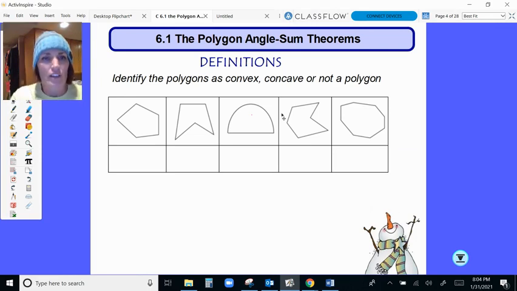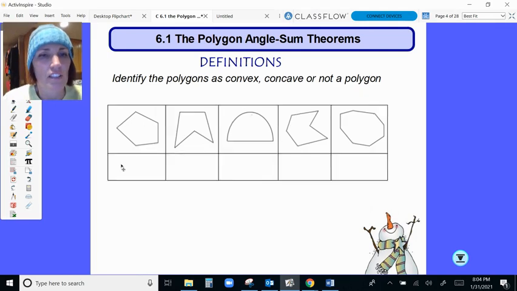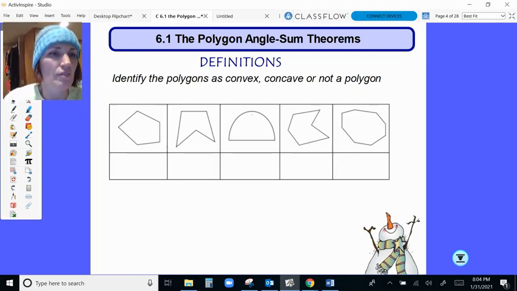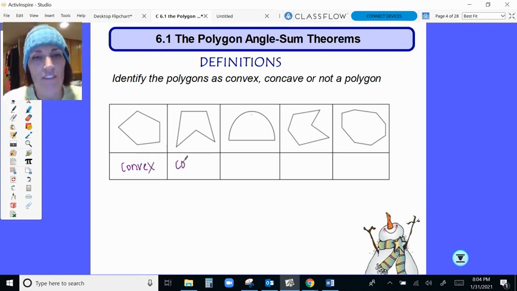So right here, identify polygons that are concave or convex. This one right here is convex. This one kind of caves in on itself, so it's concave. You can also tell because if we were to connect these vertices right here, it would give us a diagonal outside. This is not even a polygon.